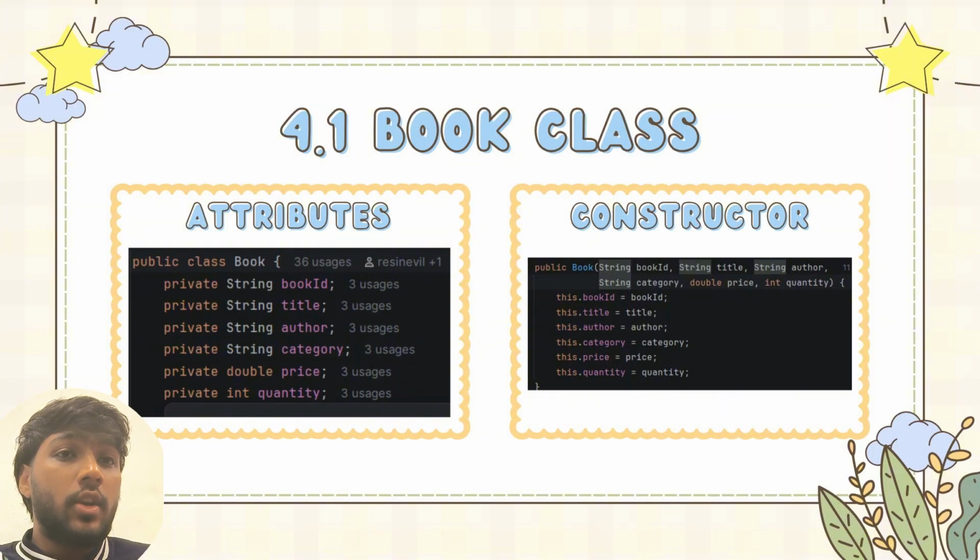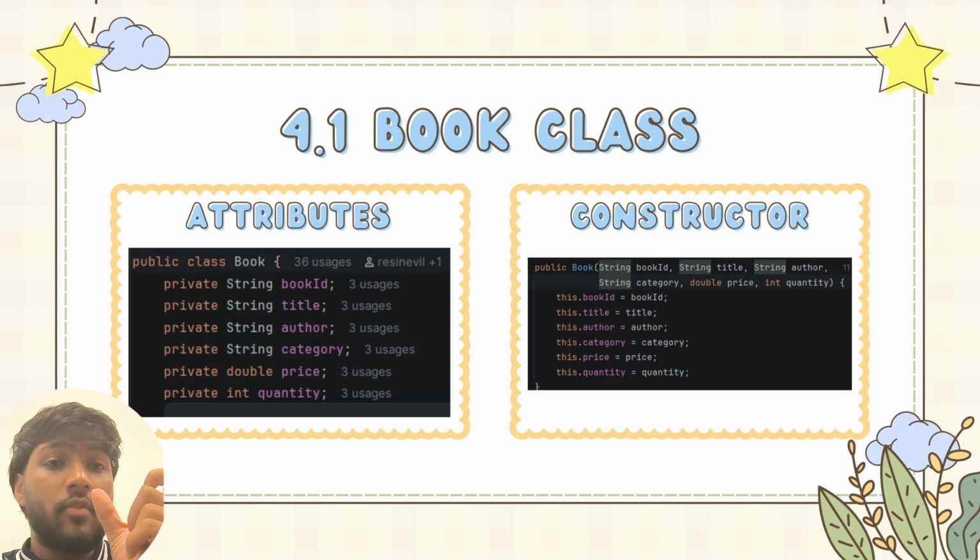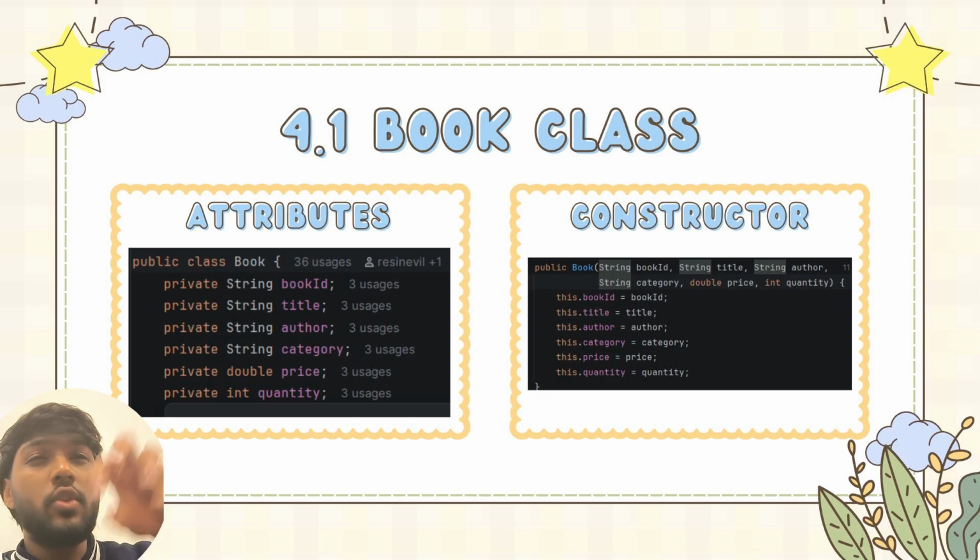In the coding, as you can see here, there are many variables that we have created, and the keyword private that we use is for encapsulation, where you can't use the data outside of the class. So whenever you want to use that data, you cannot use it outside of the class; you can only use it inside the class.